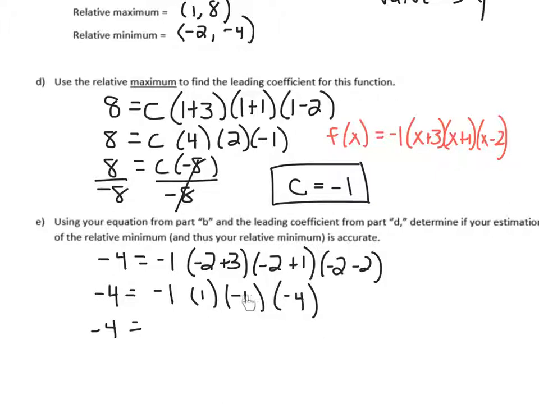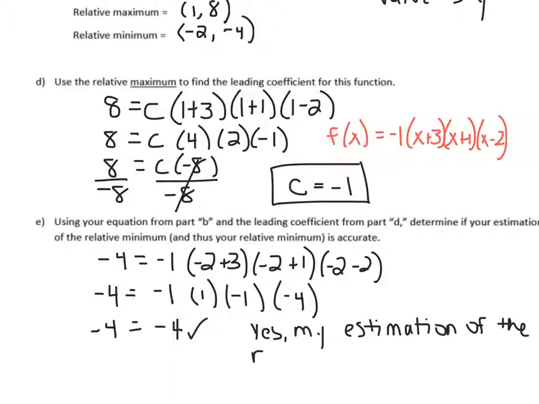And positive 1 times negative 4 is negative 4. So this actually checks out exactly. So what we could say is, yes, my estimation of the relative minimum is accurate.